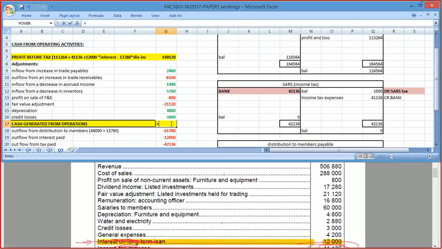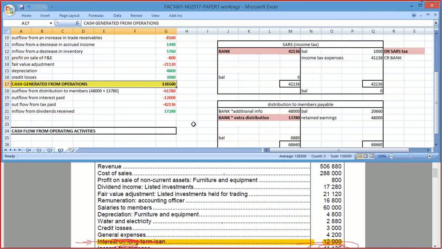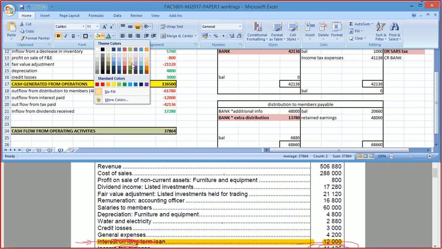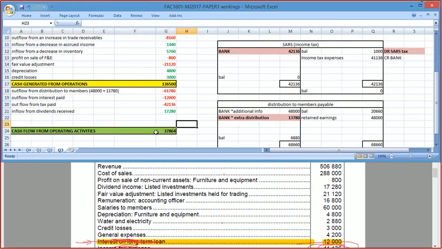This figure plus and minus all those changes gives me that answer there. Then I add and subtract all of these figures and I get the final answer. So cash flow from operating activities comes out to 37,864.